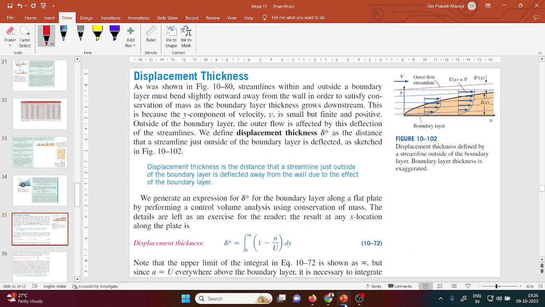Now, this is the displacement thickness. You know the formula of displacement thickness. From the figure and the definition, let me read.